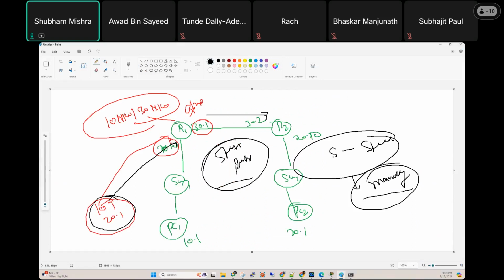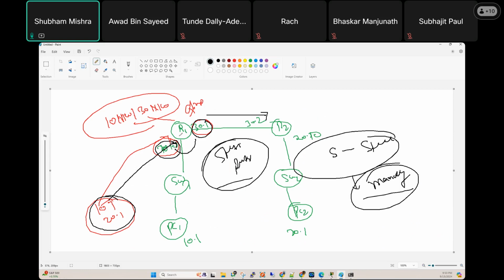But tell me one thing. Does this router know what the 20 network is right now? No. This router doesn't know the 20 network. This router only knows the 10 network and the 30 network, because these two networks are directly connected. But how will router number 1 forward the packet?